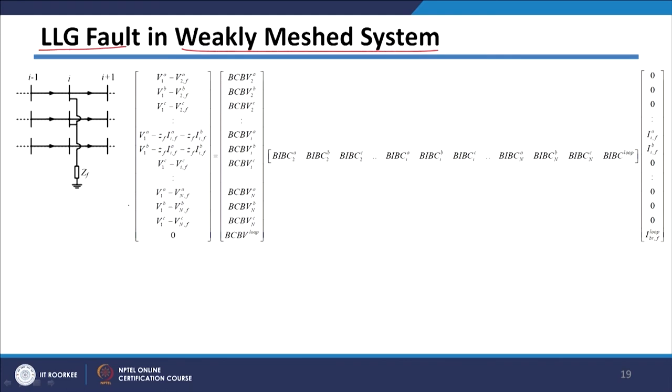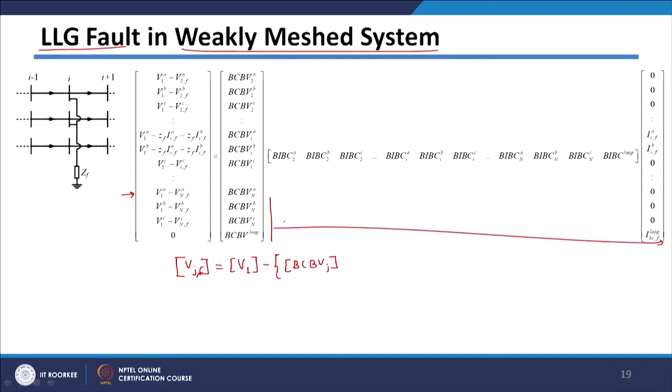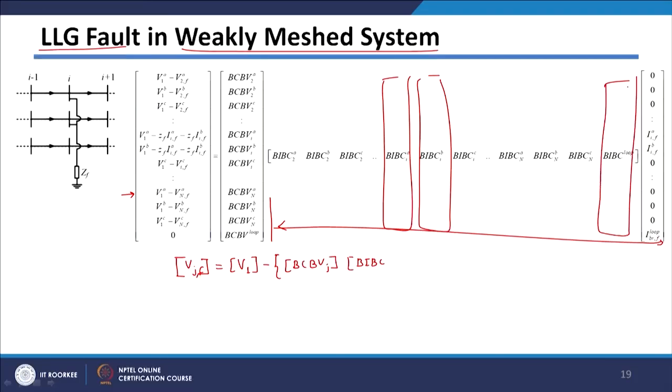What you have to do is take the expression here, so I am directly writing it. So, V j fault will be equal to V 1 minus BCBV corresponding to the j-th bus, which will get multiplied with this part of the matrix, which is BIBC, because only these three types of columns are getting multiplied with non-zero entries.